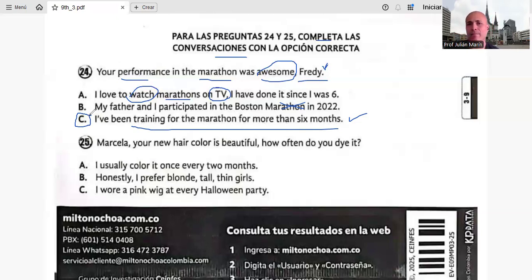So what is the idea? The people responsible for designing these evaluations and exercises are trying to generate distractions, and for that they know they have to mention marathon.